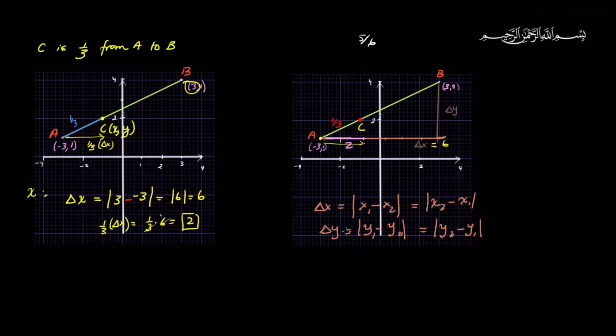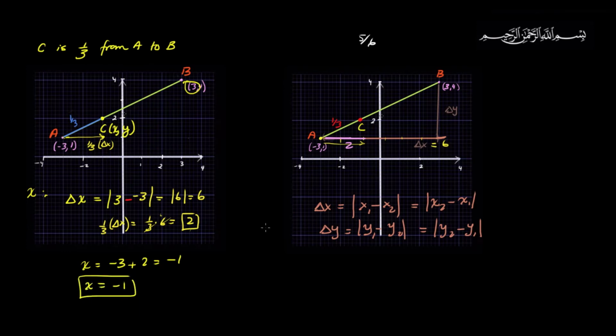Got it. So to find the x value of the point C, I take -3 and add this distance, plus 2, and that's -1. So the x value is -1.